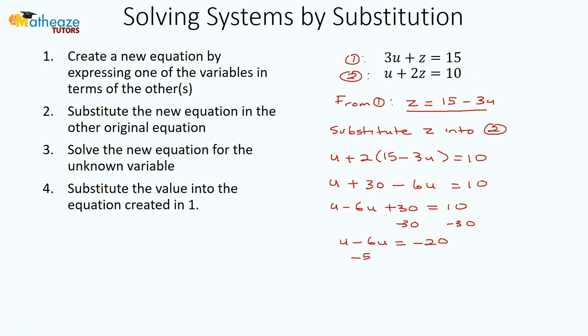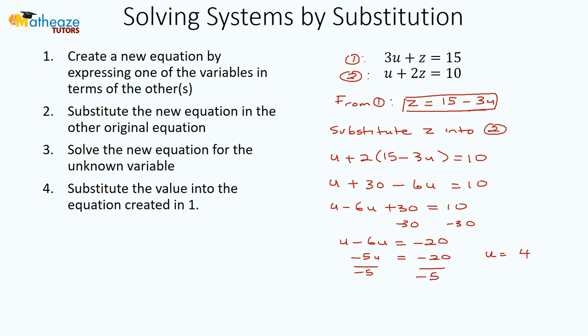So minus 5u equal to minus 20. We divide both sides by minus 5. So u equal to 4.